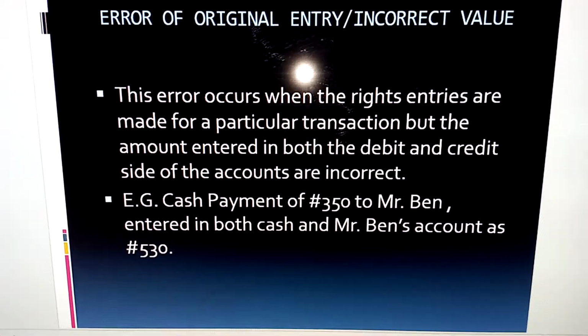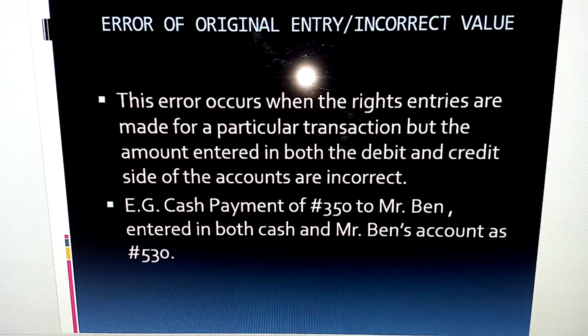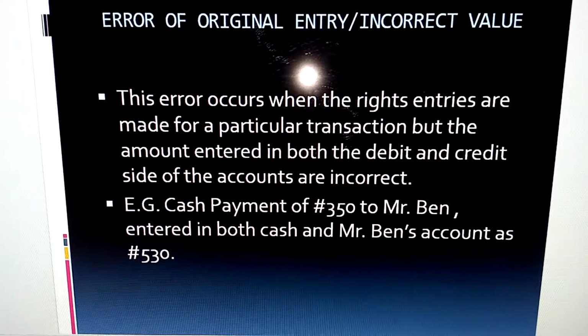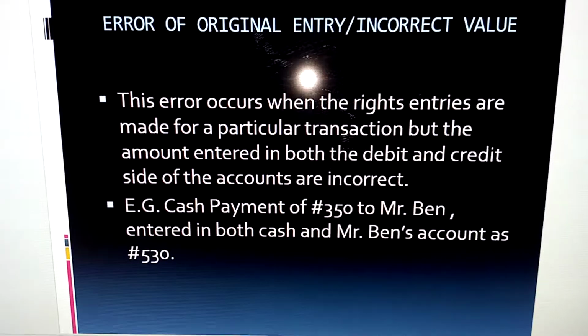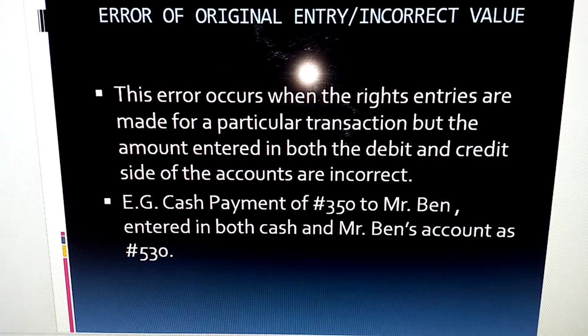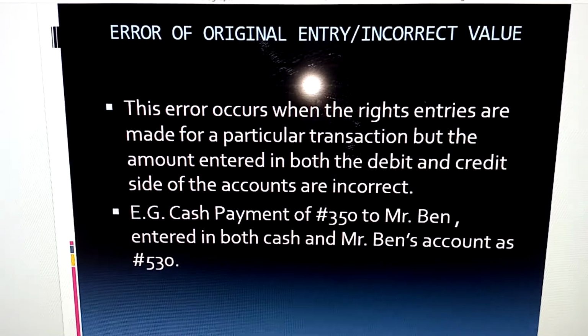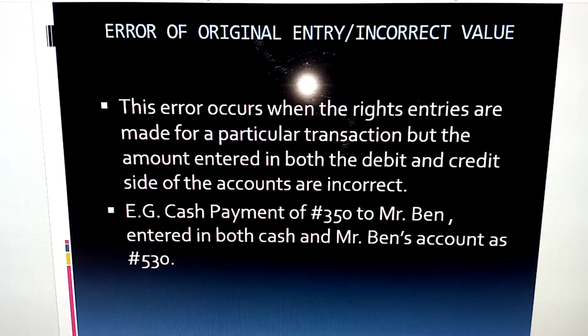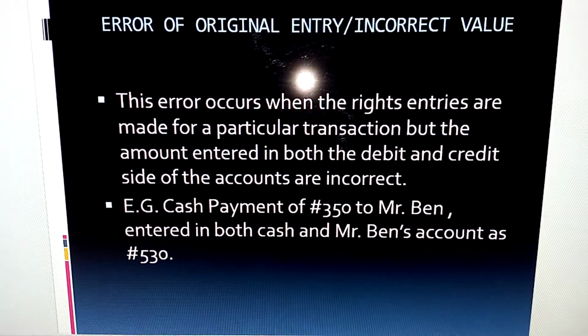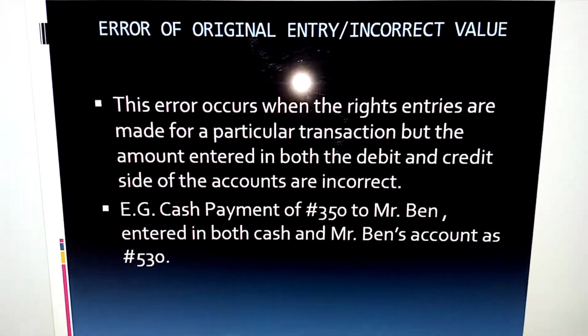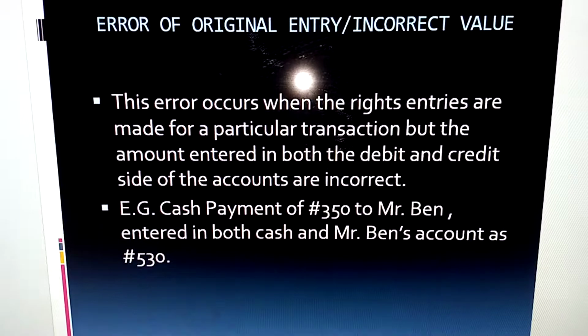You're supposed to what? Credit cash with $350, debit Mr. Ben with $350. But instead, we credit cash with $530 and debit Mr. Ben with $530. You observe that the right account, which is cash and Mr. Ben, were opened. The right entry, which is to credit cash and debit Mr. Ben, was done, but the wrong value was used.